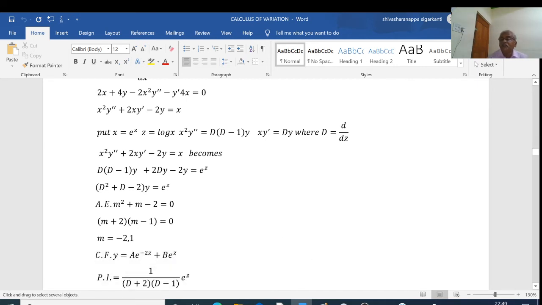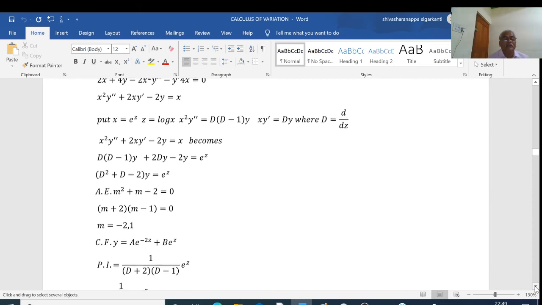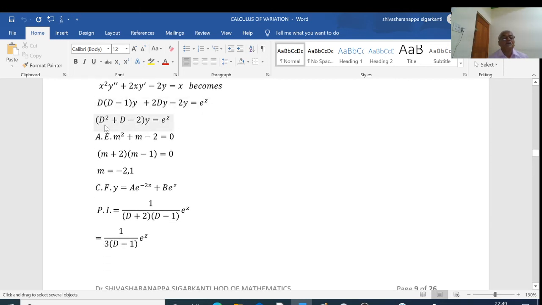And particular integral is given by 1 by D plus 2 into D minus 1 into e raised to z. So if e raised to ax is there, then replace D by a if the denominator is not equal to 0. So here my a equal to 1. I can't put 1 here because this becomes 0, but I can put 1 here.